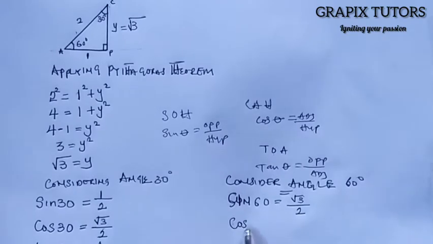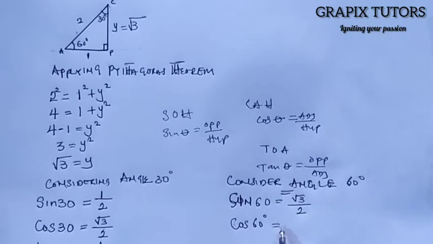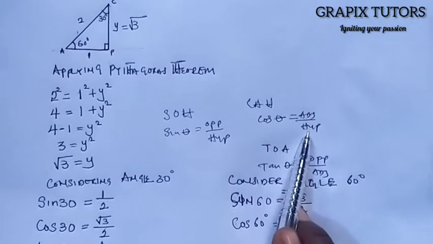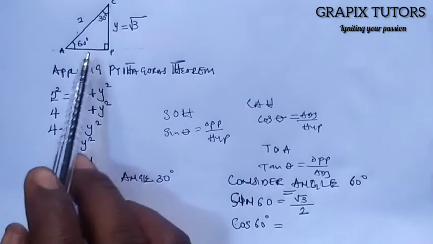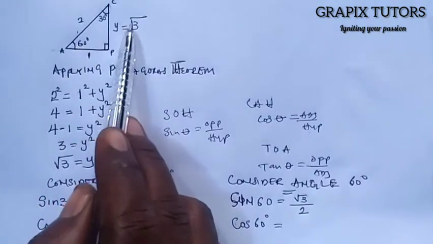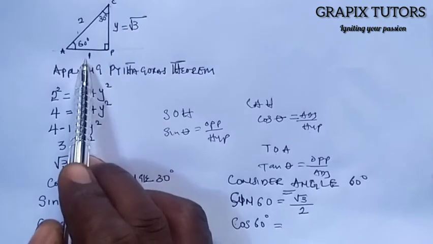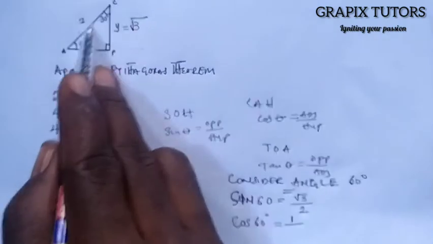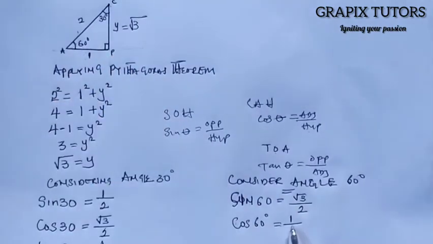Then the next one will be what? Cos 60 degree. Now cos 60 from the word cah means adjacent over hypotenuse, right? So if here we're considering 60, this is our opposite. So if here is the opposite now, here will become adjacent. So we're having adjacent, which is 1, over hypotenuse, which doesn't change, and that is 2. Right?